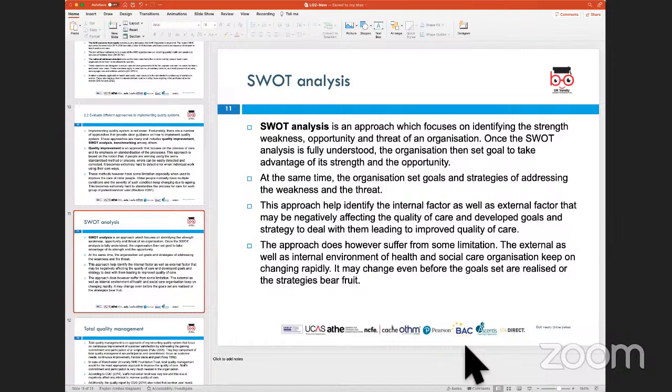So, for example, during the COVID pandemic, a lot of makeshift hospitals, which the government created in London, Birmingham, and Manchester, were done in order to ensure that there are enough beds available to accommodate patients should there be a requirement.